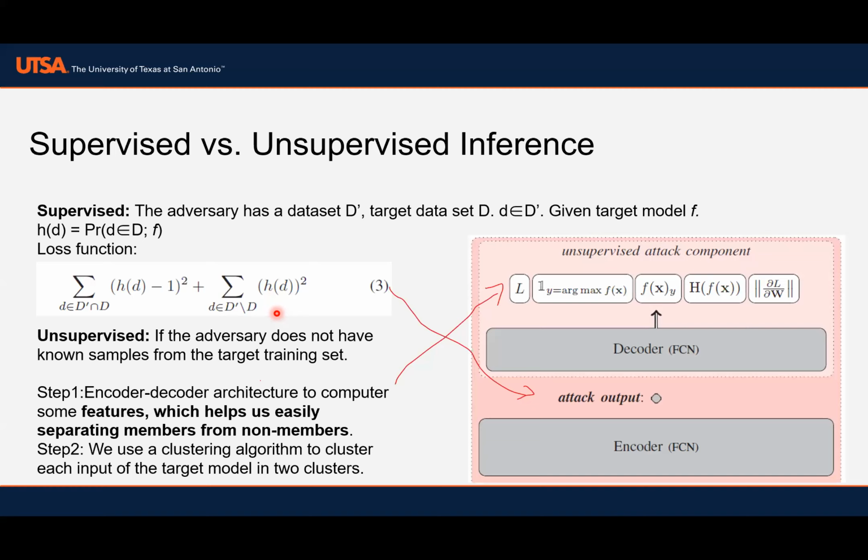For the first term, if d belongs to both D prime and D, then it should be as large as possible, basically approximately 1. Then the first term will be smaller as well. Okay. But then for D prime here, you just want a convex objective. Yeah, I see. Okay.